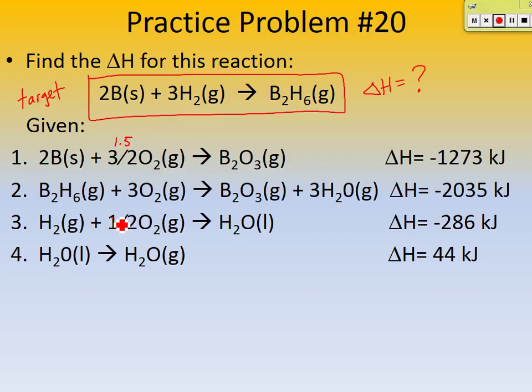So instead of 1/2, I put what? 0.5. Okay. So if you see fractions in any of them, I like to change them to a decimal form. Anyway, try to manipulate these 4 givens. Use Hess's law. Calculate delta H. Let me give you some time to do that. So if you're watching the video, please hit pause until you have an answer, then hit play.